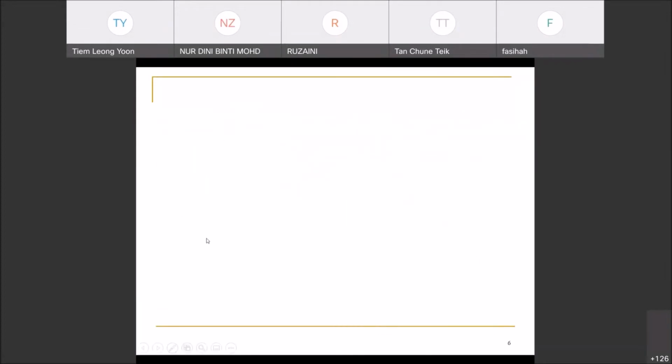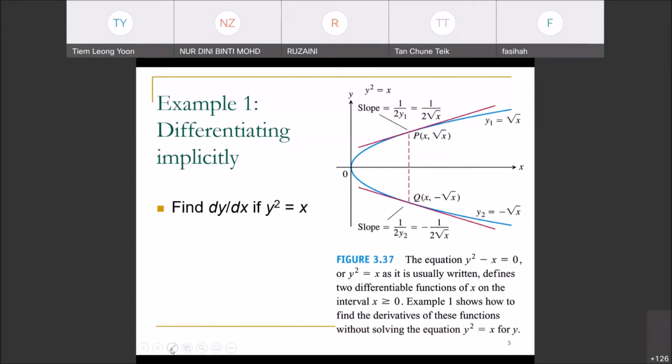Okay, so it means for every single value of x here, the slope comes in a pair of numbers, the positive slope and the negative slope.